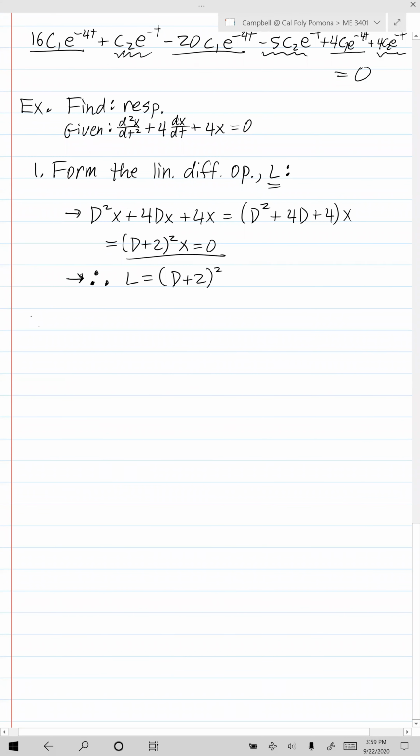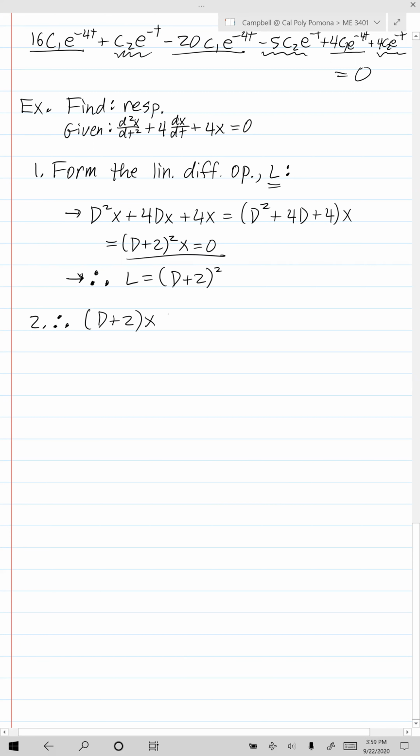Now, finding our first basis function is relatively simple. We can follow the same approach that we just ran through for the first example.